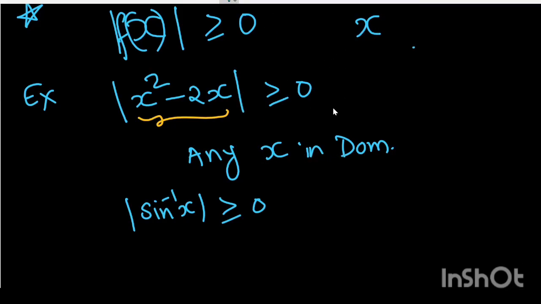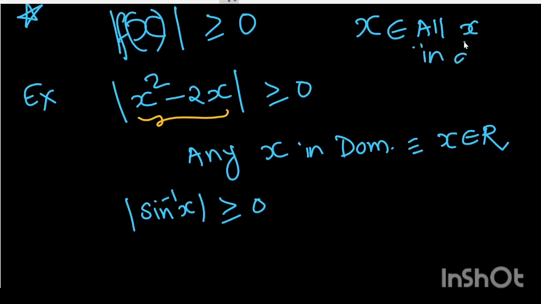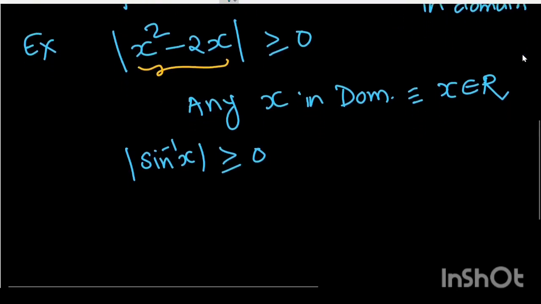In this case, any x means x belonging to R, because the quadratic function can take any real value. That's why all x belonging to R, all x in the domain, when mod of f(x) is greater than or equal to 0.